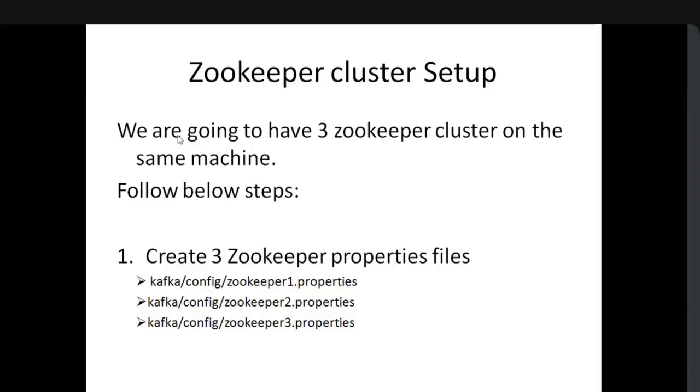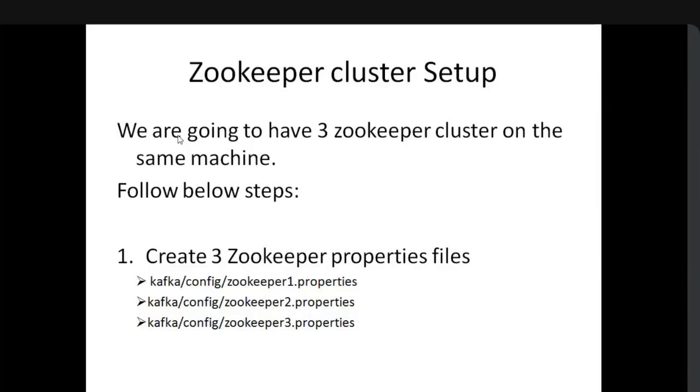Then there will be 3 files: zookeeper.properties, zookeeper1.property and zookeeper2.property. If you want to rename all 3 to avoid any confusion, you can give them the names 1, 2, 3. It is up to you.